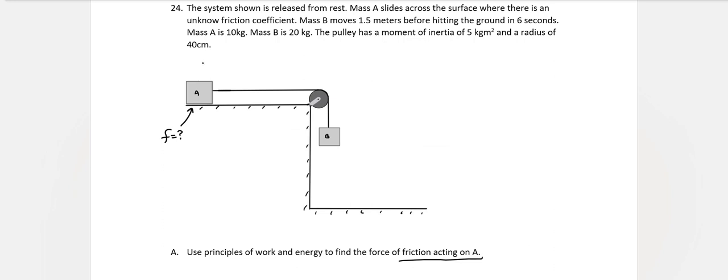So here's position 1. Draw the system at position 2. B will have moved down to here. A will have moved over to here. Okay. Write out the work-energy theorem as usual.